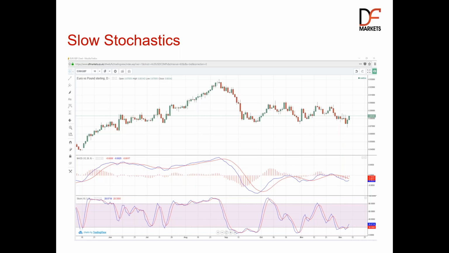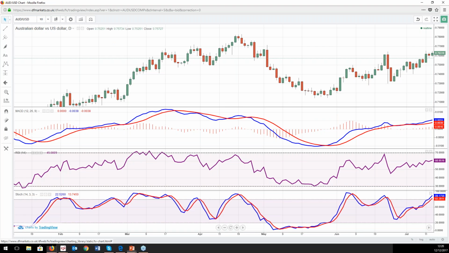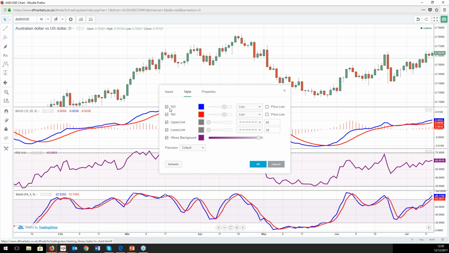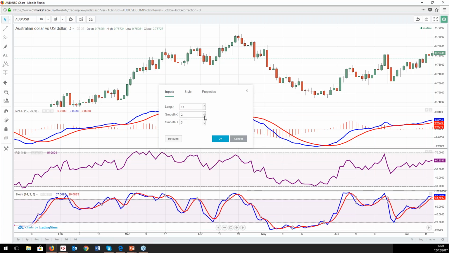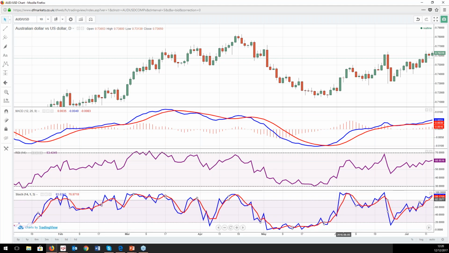Now let me just show you something on this one here. If we change that smooth to 1, that blue line is the fast stochastic.